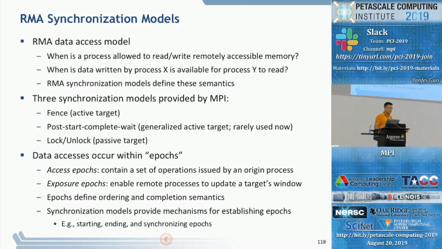Everything is non-blocking. But as you may have noticed, they don't give you an MPI request object, so you don't have a request to check whether the operation is finished. So how do I know if the operation has been completed? That's where the RMA synchronization model comes in.